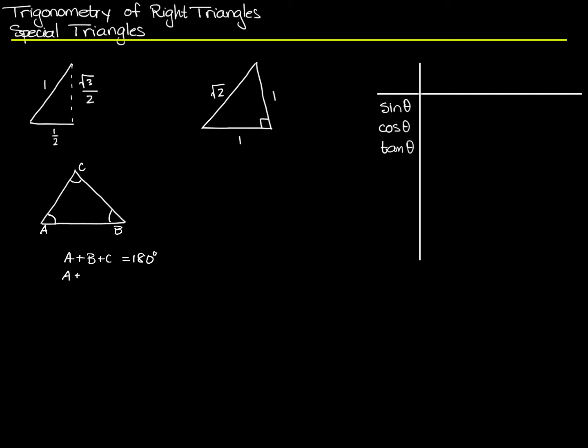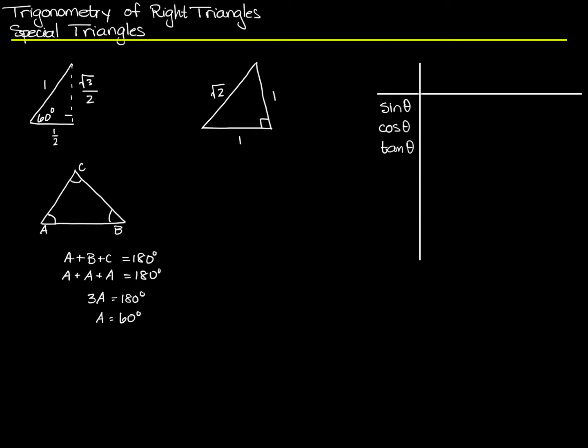So B is the same size as A, and C is the same size as A. So I get 3A equals 180 degrees, or A equals 60 degrees. That means that this angle right here is 60 degrees.